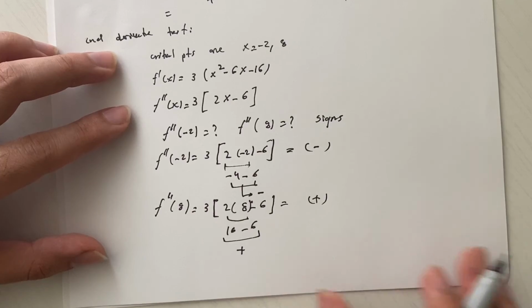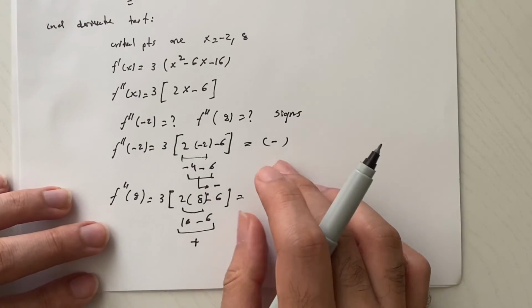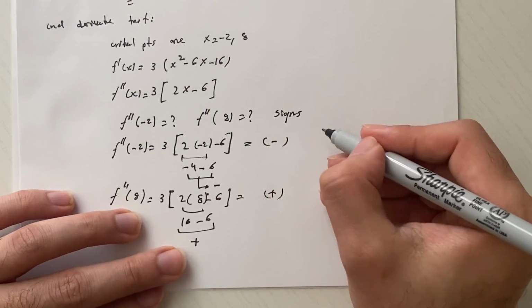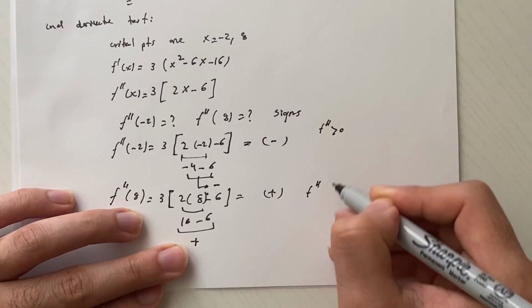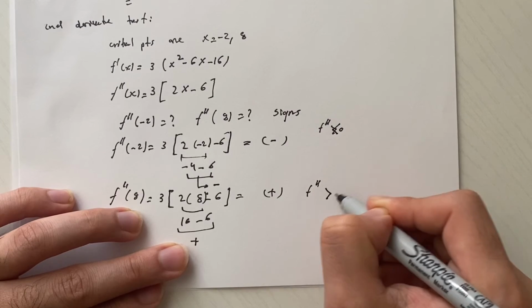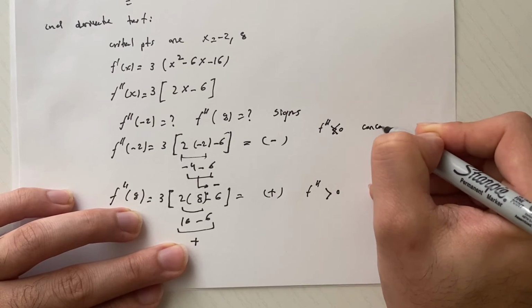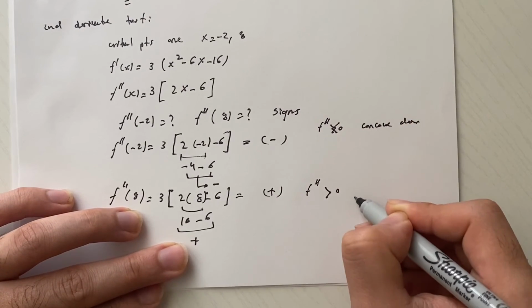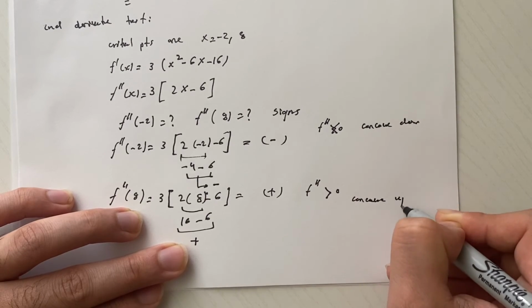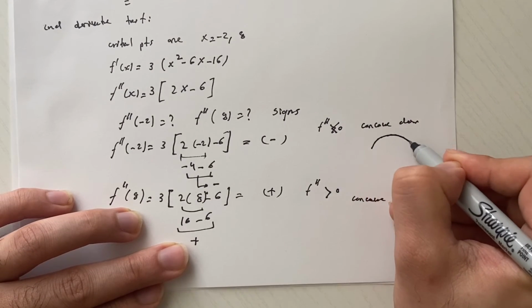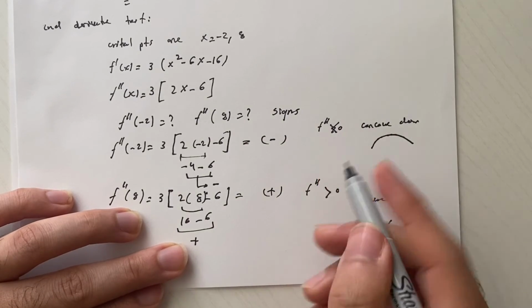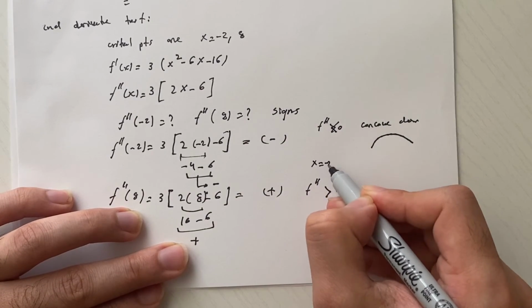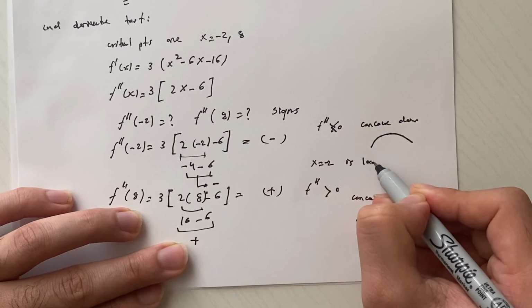So what does this mean? At x equal to minus 2, the second derivative is negative, and at 8 it is positive. If the second derivative is negative, it means concave down, and when it's positive, it means concave up. So there are the shapes of concave up and down. In concave down, the shape has a local maximum.